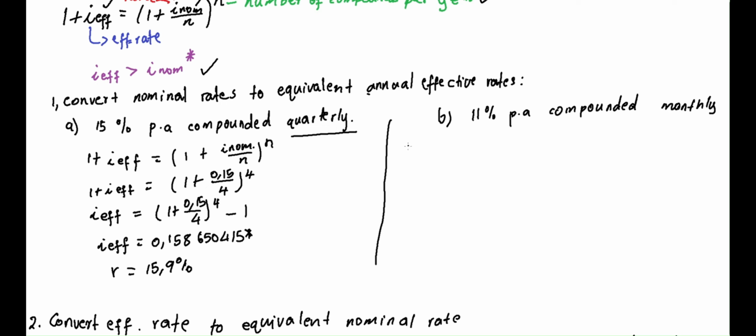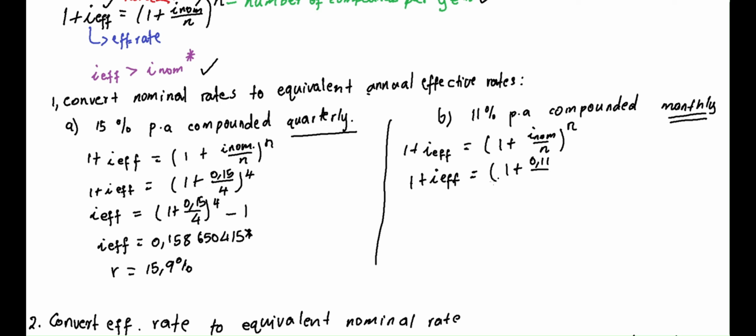So let's go to B. Same question. We are going to use this formula: 1 plus the effective rate equals 1 plus the nominal rate divided by our compounding period, raised to the exponent of n. Then we are going to simply substitute. Obviously our 11% is going to be 0.11 because we divide it by 100.